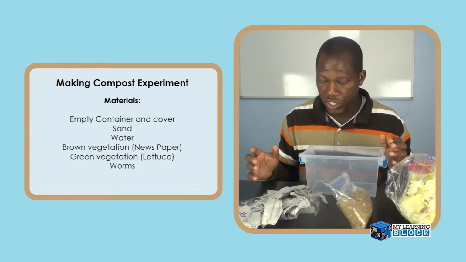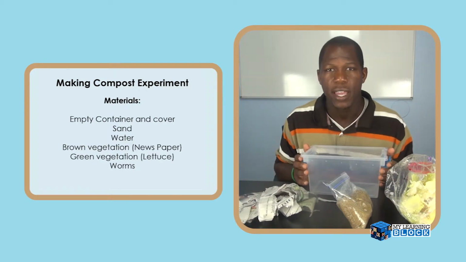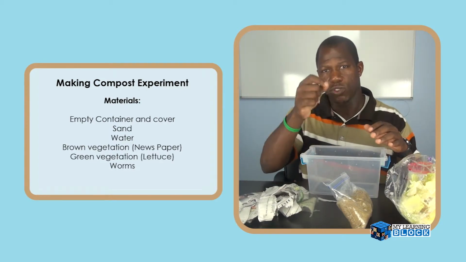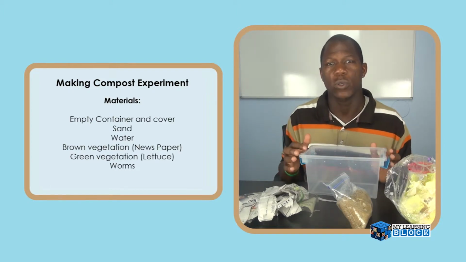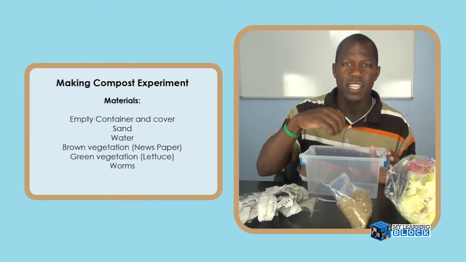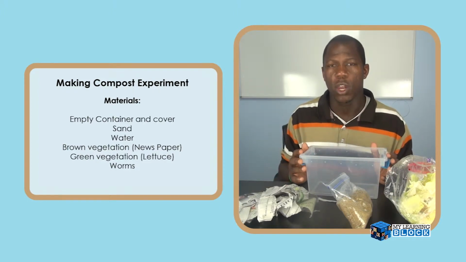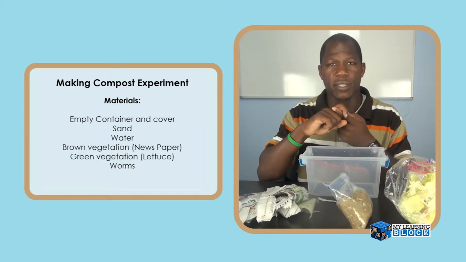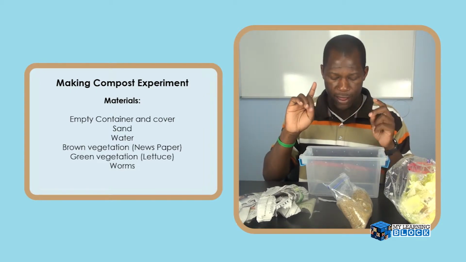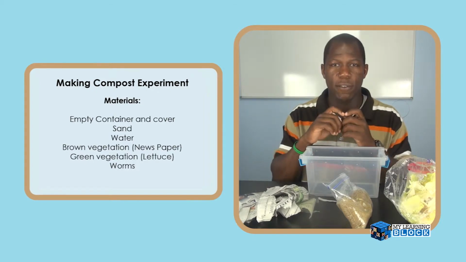Now, brown vegetation, I'm going to use paper clippings, newspaper clippings today. Try not to use the little shiny pieces of the newspaper like the advertisements, because it has chemicals that take a very long time to decompose. Along with all that, you can have wood chippings, you can have broken leaves that have fallen to the ground.